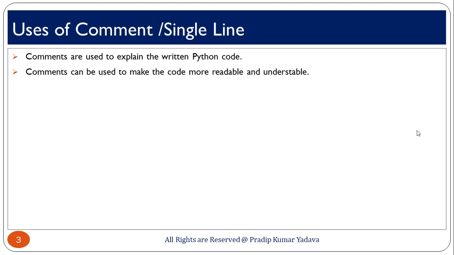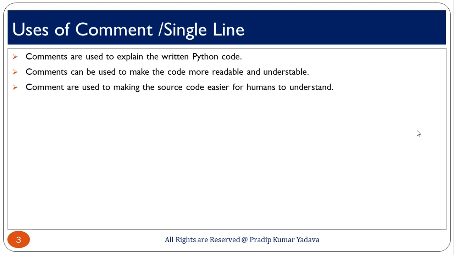Suppose you are going to write any line of code. You can also mention a comment with that line, so any programmer can easily understand what this line or this piece of code is going to do in your whole program. That's why we mention comments.